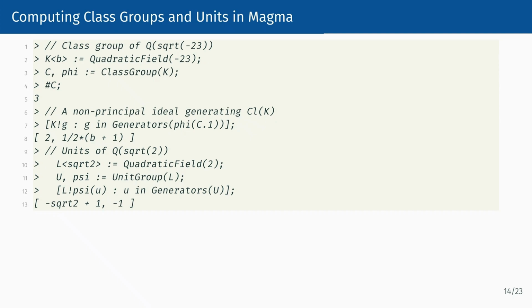I wanted to show them as elements of K, because a priori these generators would be represented as elements of the ring of integers, and I wanted you to see them exactly as elements of the field. You see that these two generators are 2 and half times square root of minus 23 plus 1. So these are the generators of this ideal that generates this class group. It's a non-principal ideal that, if you raise it to the third power, I cubed will give you a principal ideal.